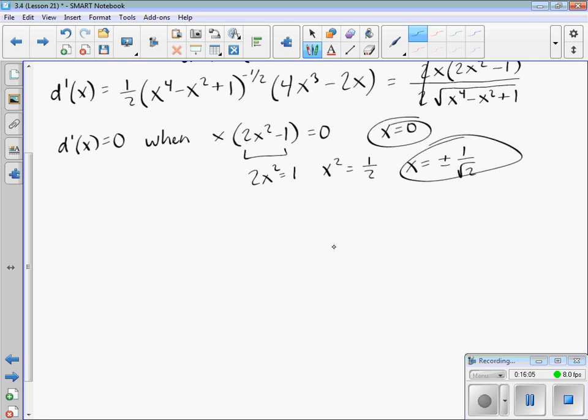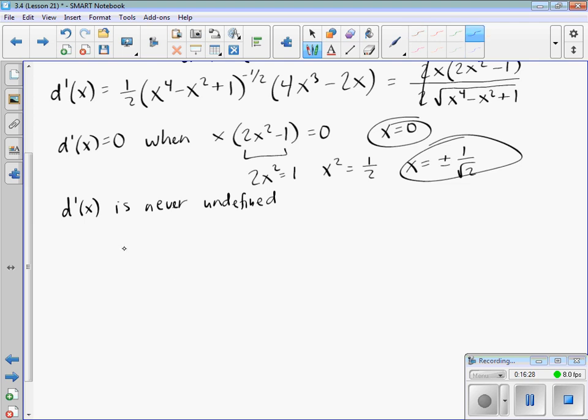The denominator is never going to equal 0, okay? So let's just write a little note there. D prime is never undefined. And then what do I do with my critical pieces?